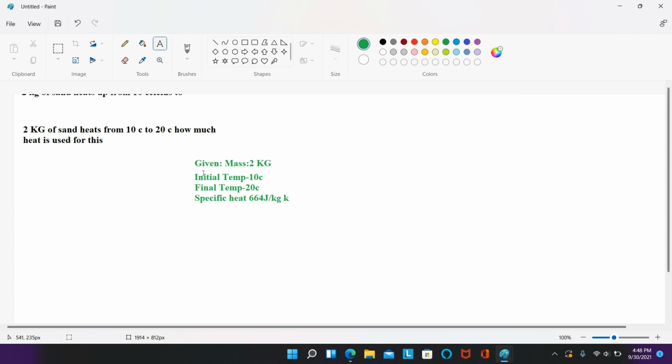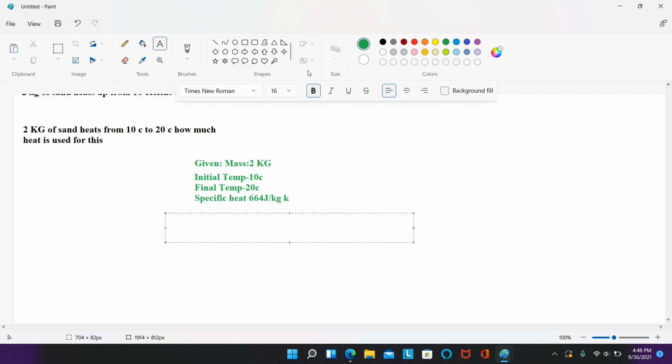Alright, so now let's actually do the plug-in for this. All you've got to do is the substitution method, and then you get the formula derived, which is Q, which represents the amount of joules, or the heat needed, is equivalent to all of them multiplied.